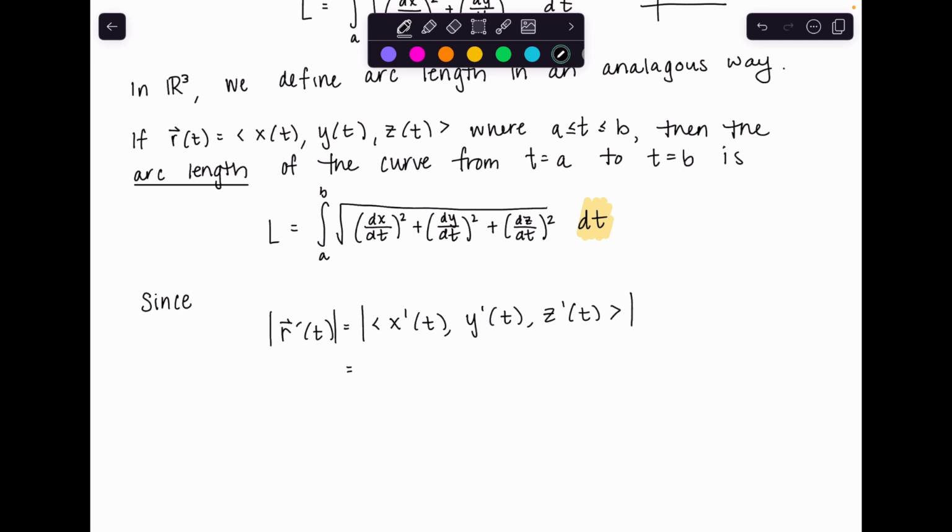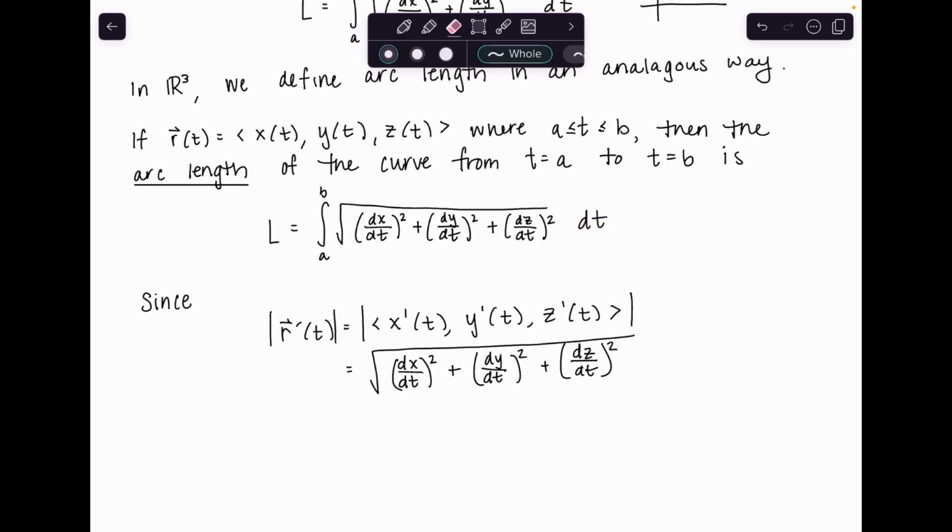Okay, because remember, the magnitude is you take each component squared. So x prime is the same thing as dx dt, y prime is dy dt, and z prime is dz dt. We take each component squared, and then we take one square root.